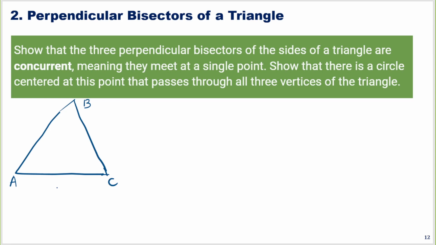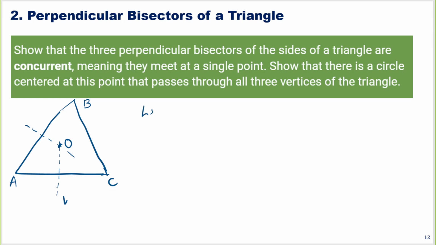So suppose the perpendicular bisector of AC is line L. Perpendicular bisector of AB is line K. And these two lines intersect at point O. Then we wish to show that O is on the perpendicular bisector of BC, right?